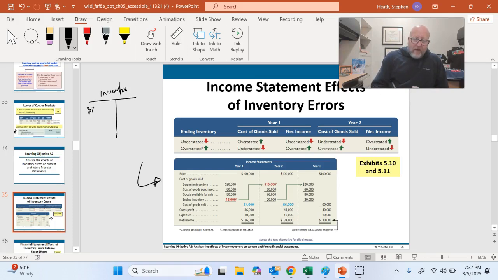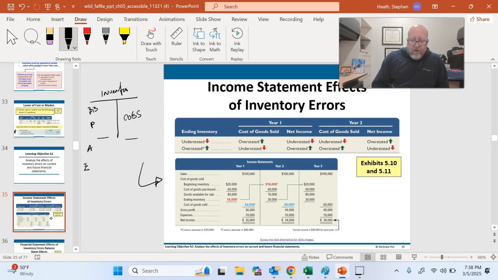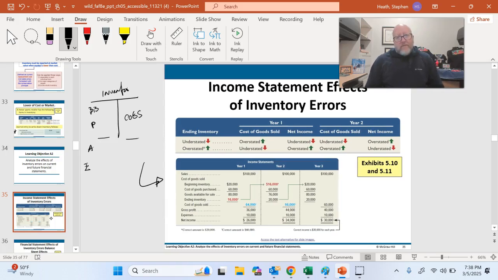We have a beginning balance, and then we have purchases, and that will give us everything we have available to sell. Then we will have cost of goods sold, right? The difference between everything we have available to us and cost of goods sold will be our ending inventory.